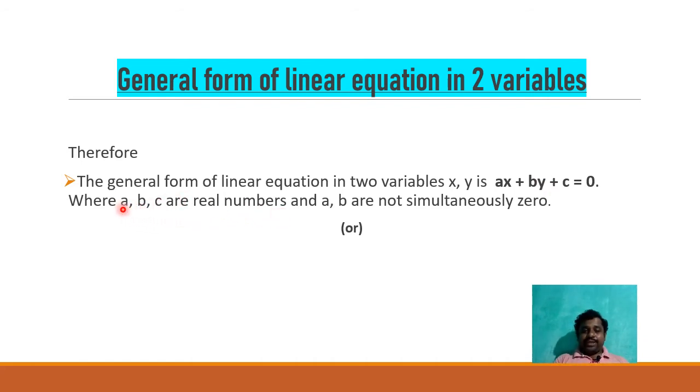Where a, b, c are real numbers, and x and y are variables, then the general form of a linear equation is ax plus by plus c is equal to 0. What is the condition for this? Ax plus by plus c is equal to 0 represents a linear equation when both a and b are not simultaneously 0.